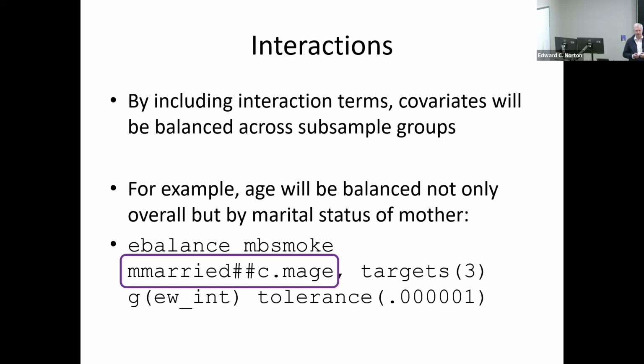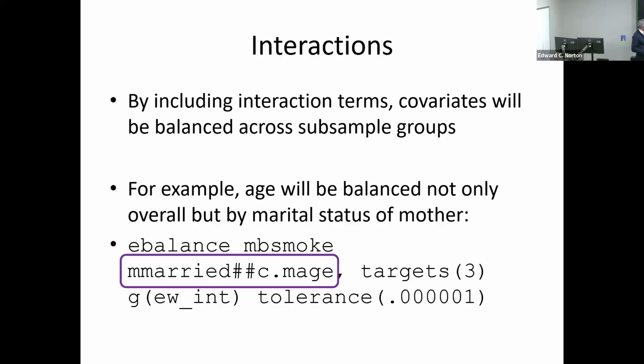And sometimes in regressions, we not only want to control for, let's say, age and marital status separately, but perhaps their interaction. Perhaps we think that the effect of age differs for married and unmarried women. You can absolutely do that with entropy balance.